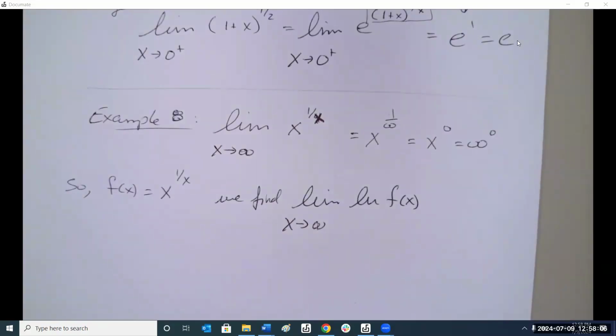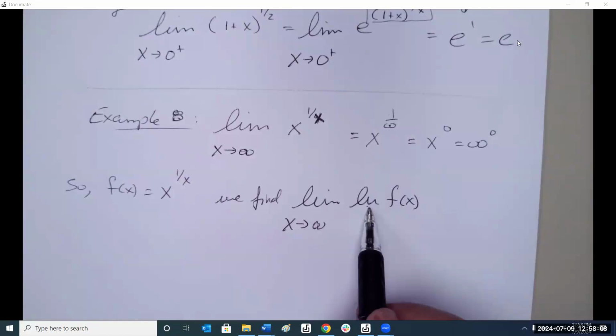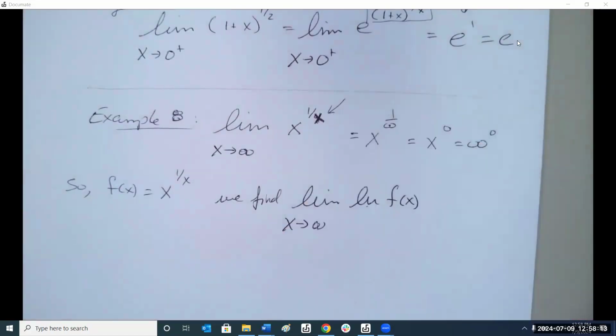Here's a question again, algebraically: why do we use the ln function? Because the variable is an exponent. The ln function brings it out in front. Take the exponent down and make it a coefficient. So whenever you have a variable that's an exponent, take the ln of it.